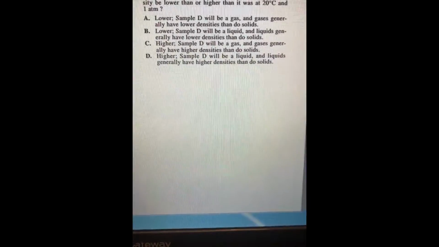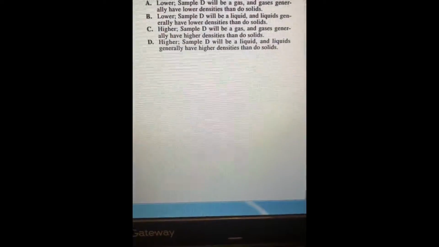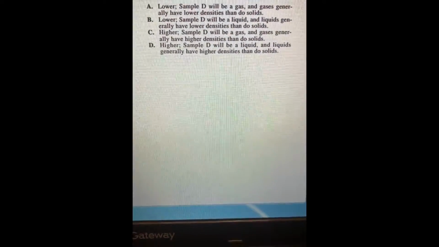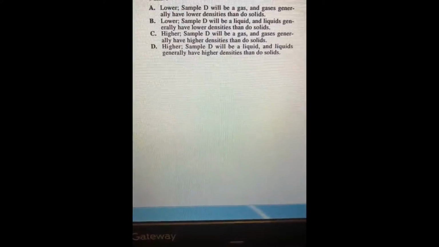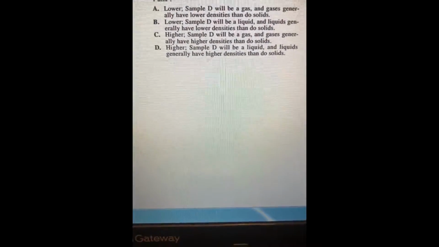And especially since it's 1 ATM and 1 ATM down here, if they're the same, then it's not going to change your answer. So again, if you're not using every piece of information they're giving you, don't freak out.